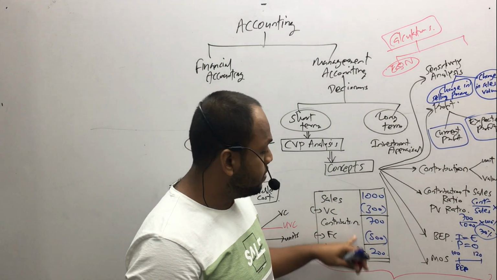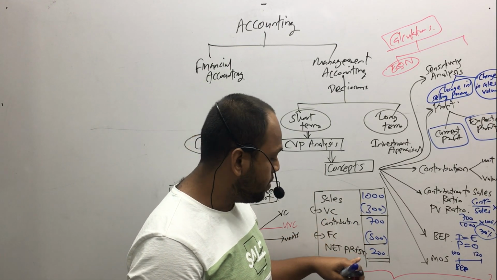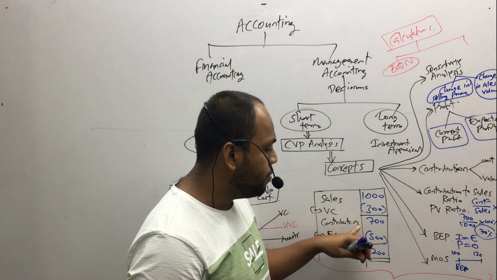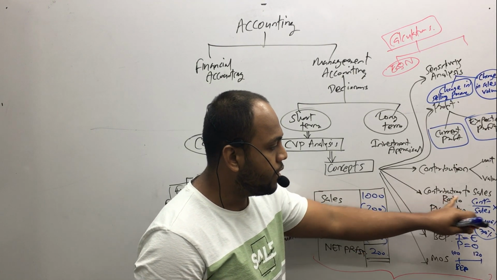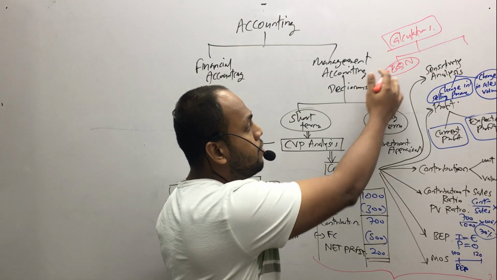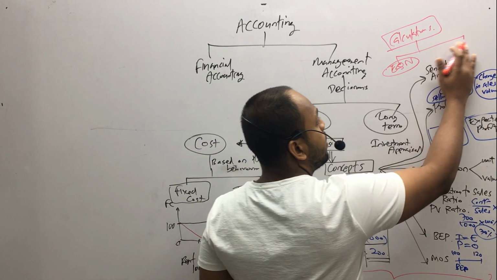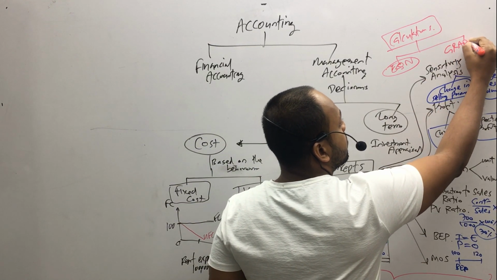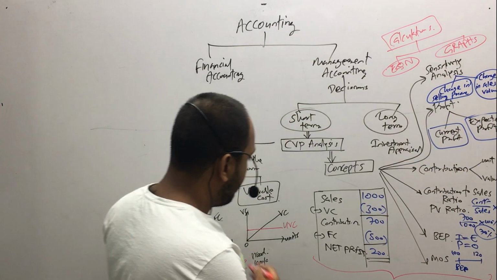Net profit equals sales minus variable cost minus fixed cost, or else net profit equals contribution minus fixed cost, and contribution to sales ratio equals contribution divided by sales into 100%. Then the second method is we can use graphs.